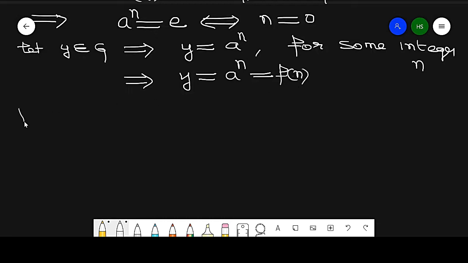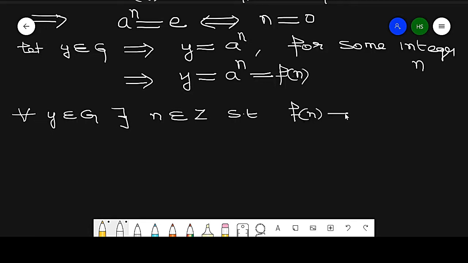Then it means for every y belongs to G, there exists an n belongs to Z such that f of n is equal to y. So it implies this mapping f is onto. In this way we prove that this mapping is onto.